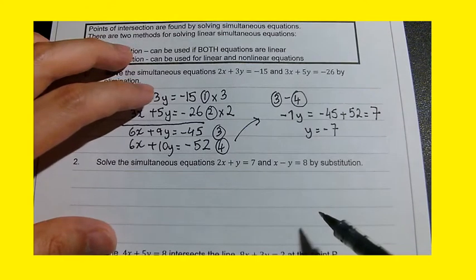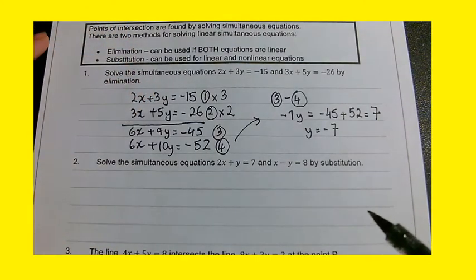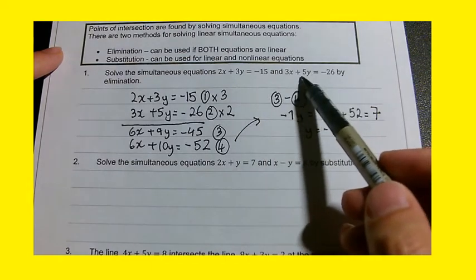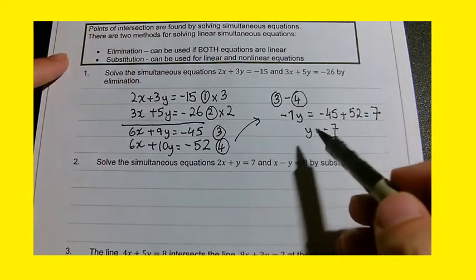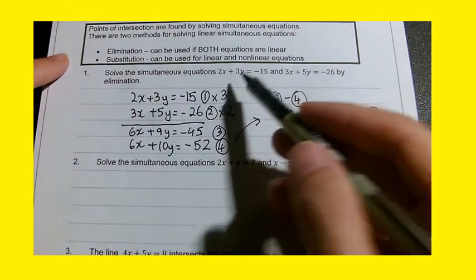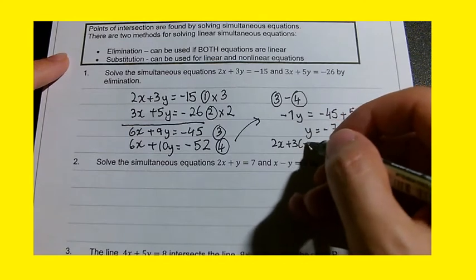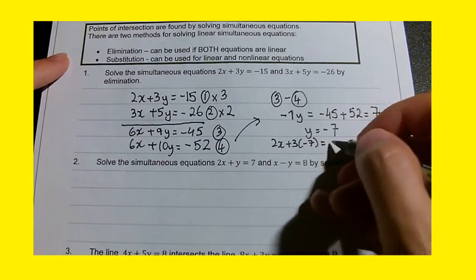But you also need to get x. Okay, so to get x, you have to think, how am I going to get that? You can put in y equals minus 7 into either of these equations and solve to get x. So let's do that. I'm going to put y equals minus 7 into this one here. So 2x plus 3 times minus 7 equals minus 15.